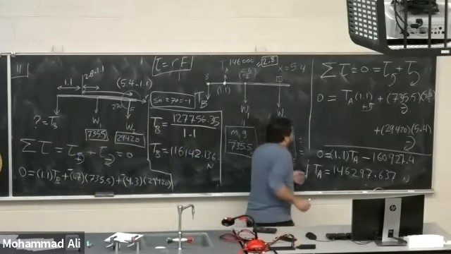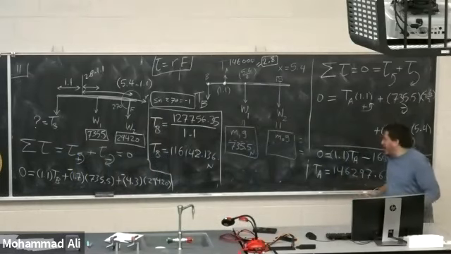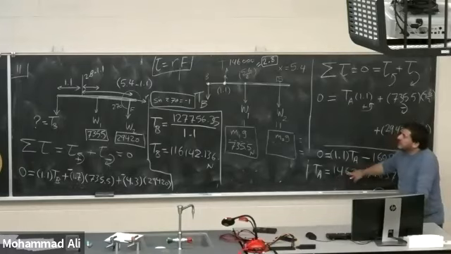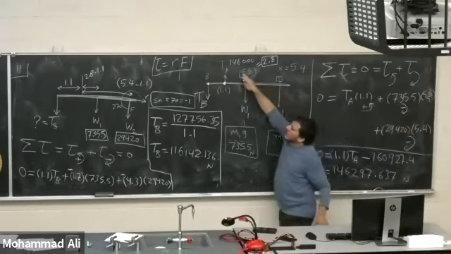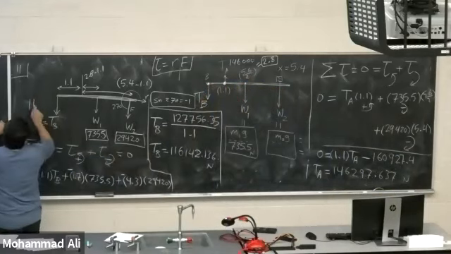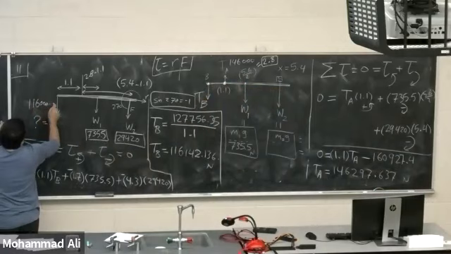Now look, we have a tension in the string A, which is 146,000. We have a tension in string B, which is 116,000 and something, okay?